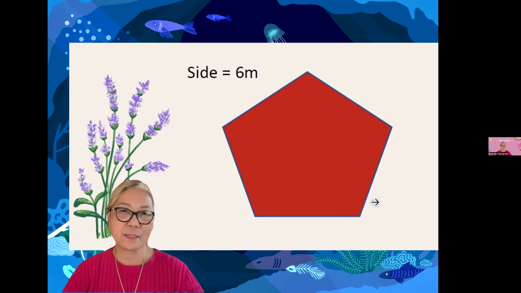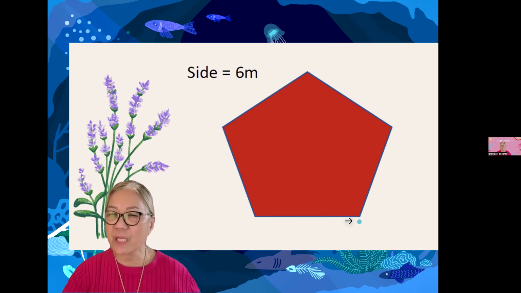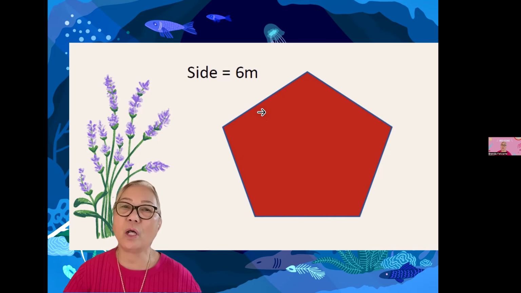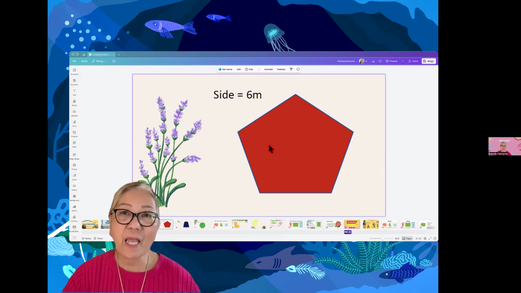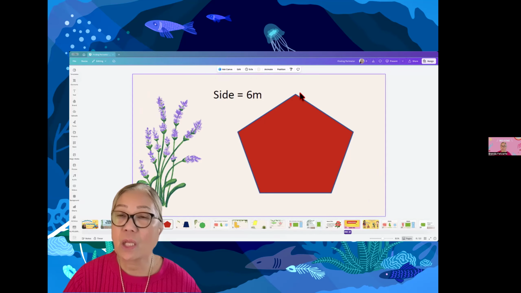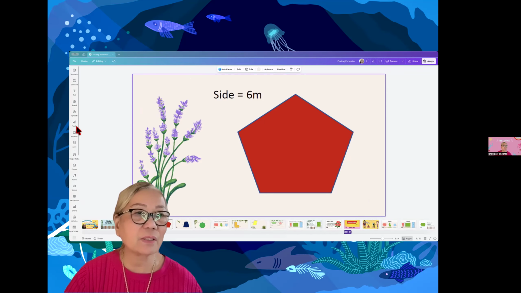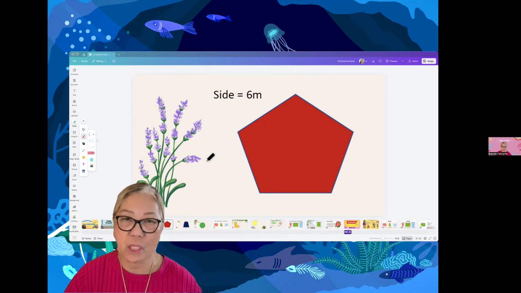All right, next. This is a pentagon. Penta because there are 5 sides. Because they are all equal, one side is 6 meters, and the rest of the sides are also 6 meters.